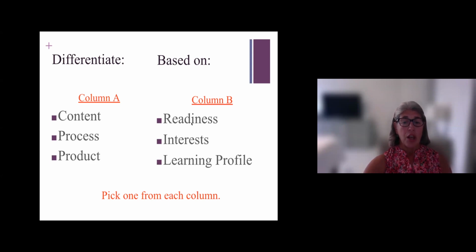That was your interest, but maybe you know a lot about it. Or maybe based on your learning profile and what you feel comfortable with, something that's more literal or interpretive or creative. You're going to have choices, and you might choose something that's literal or interpretive or creative based on what you're comfortable with, and what you're interested in and what you're ready for. So there's going to be different choices for you, different content that you can choose.